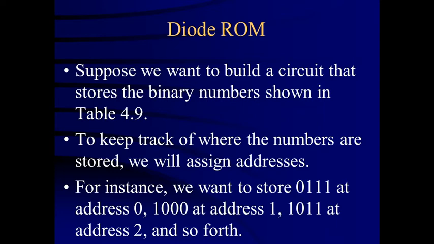That means you should know which data is stored where. So each data item which is going to be stored is also assigned an address. For instance, we want to store the data 0111 at address 0, 1000 at address 1, 1011 at address 2, and so forth as in the truth table.